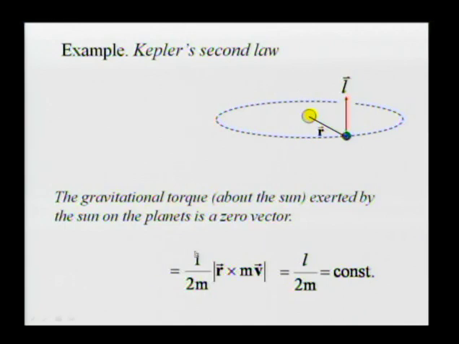Well, so I copied this 1 over 2m, and I wrote what is really the magnitude of angular momentum. It is the position of the center of the Earth, because we are considering it as a particle, with respect to the sun, multiplied by the mass of the Earth, times its velocity. Now I want to consider it in an inertial reference frame, and for the solar system, the reference frame of the stars actually is inertial.